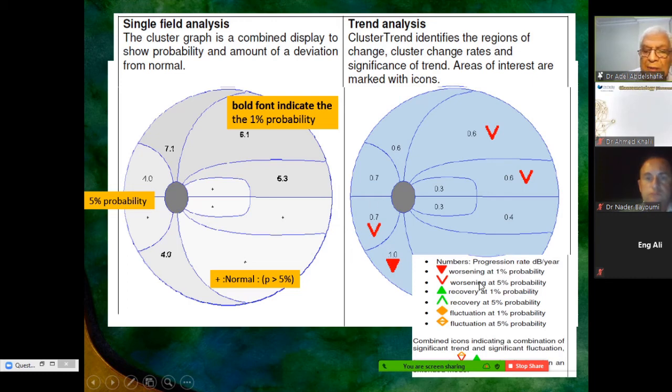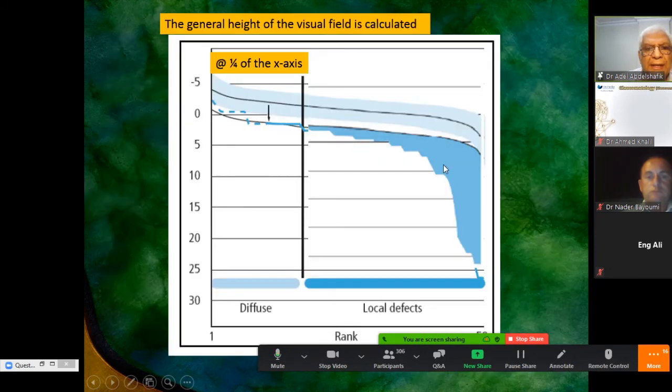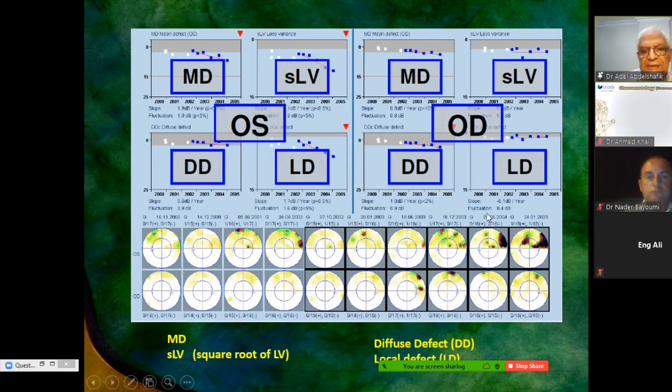This is abnormal, occurs in 5%. This is increasingly high and so on. So as you can see, if you depend on the machine, you will get information quicker and more certain. With some of the data, actually you cannot do it by looking at the two fields next to each other.